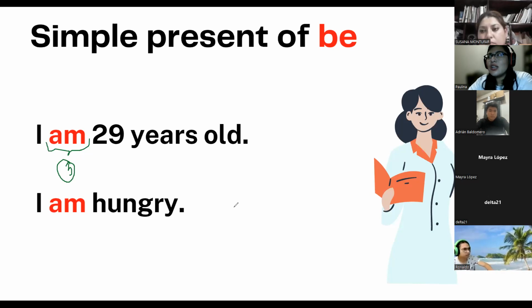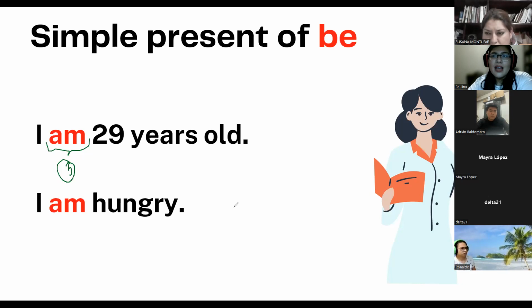En inglés también voy a usar el verbo be. Nunca voy a decir I have 29 years old. Voy a decir I am 29 years old. No voy a decir tengo hambre, I have hunger. Voy a decir I am hungry.